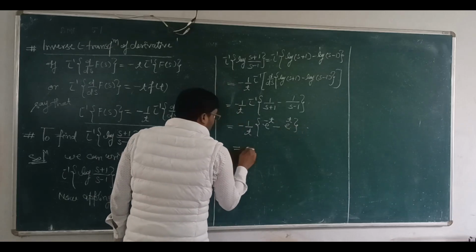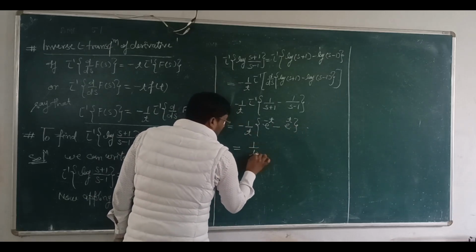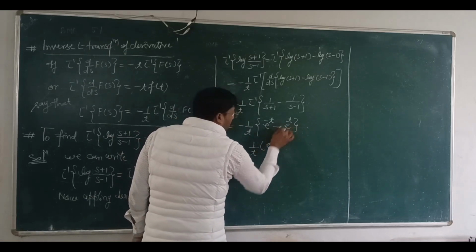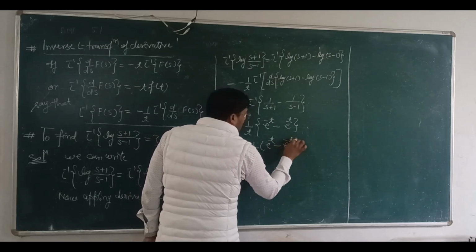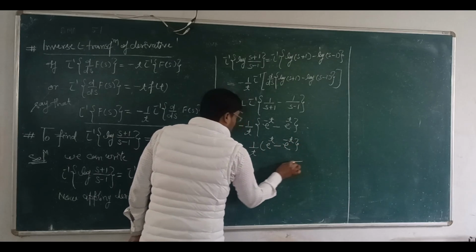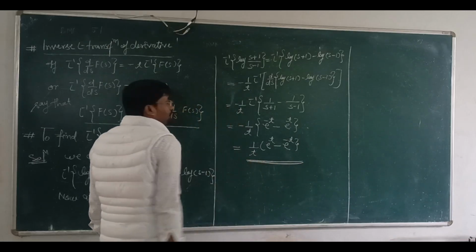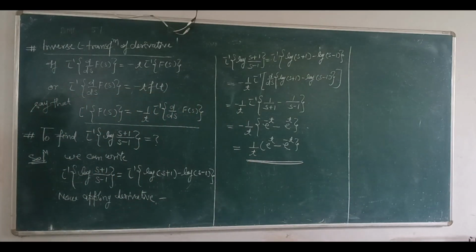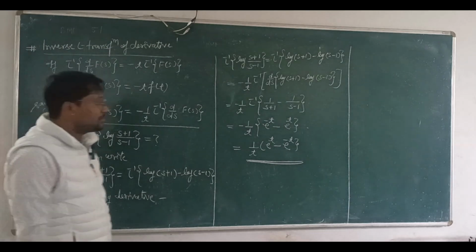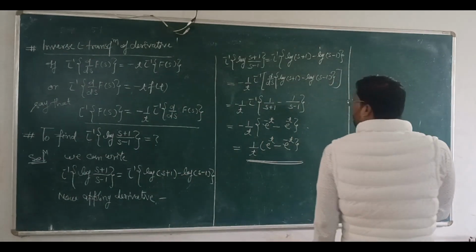Now you can write 1 upon t (e to the power t minus e to the power minus t). This is your final answer. You can note this down.